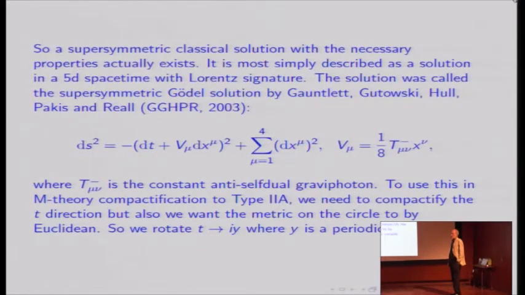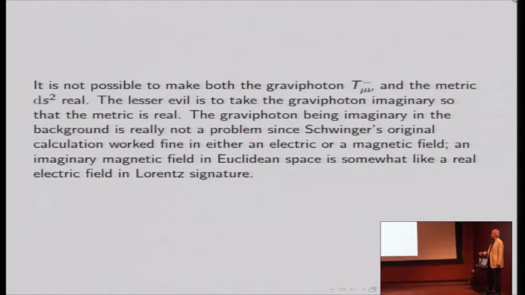The reason that's the lesser evil is that we'd be uncomfortable, possibly, with trying to do a calculation on a space-time with a complex metric. But there actually isn't a serious problem in doing a calculation where a background gauge field is not real. One thing that might make it obvious is that the interaction we're computing, we actually expanded it in a power series in powers of W. And order by order in perturbation theory, if an external photon has an imaginary wave function, it doesn't keep us from doing perturbation theory.